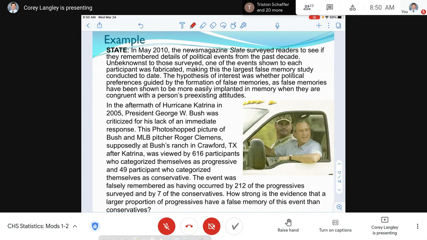Unbeknownst to those surveyed, one of the events shown to each participant was fabricated, making this the largest false memory study conducted to date. The hypothesis of interest was whether political preferences guided the formation of false memories, as memories have been shown to be more easily implanted when they are congruent with a person's pre-existing attitudes.